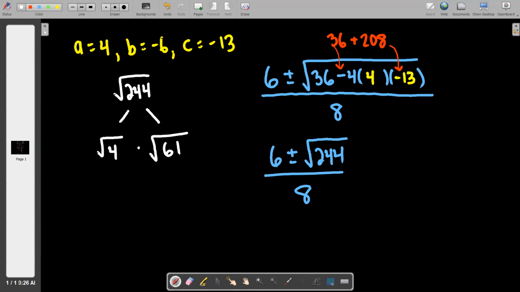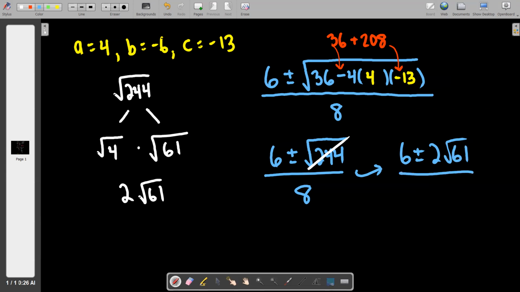So great find. So that becomes 2 root 61, which again is going to replace the old root 244. And my answer now looks like this: 6 plus or minus 2 roots of 61, all divided by 2.